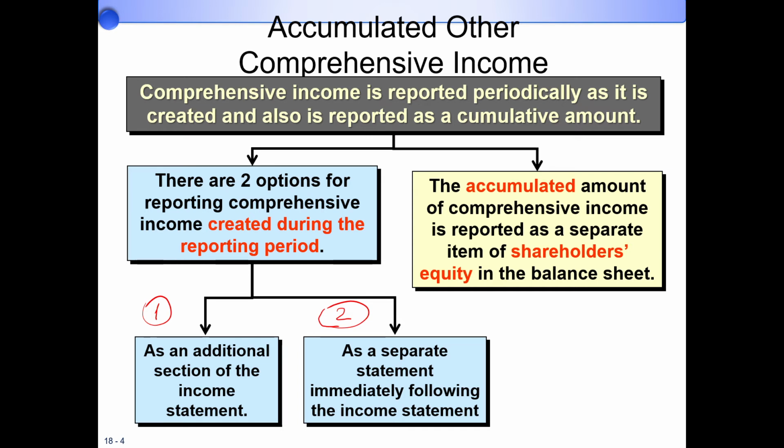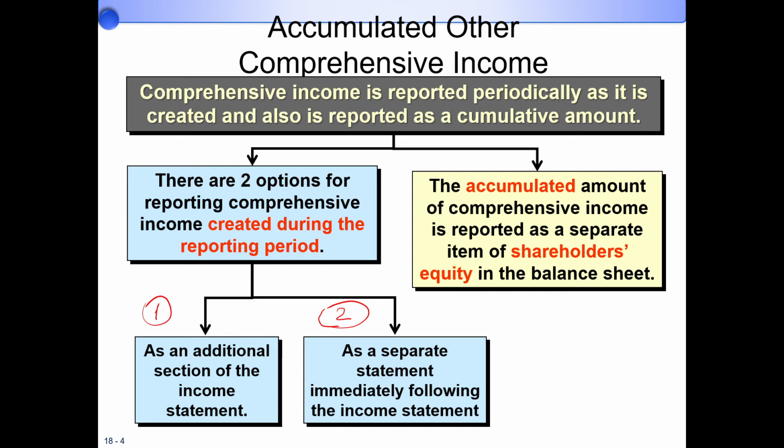The comprehensive income statement starts with net income, then you plus or minus those four special gains or losses, the other comprehensive income. This is the total other comprehensive income. Together, these two make the total comprehensive income. So there are two options to present comprehensive income.